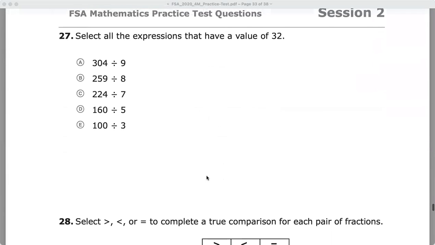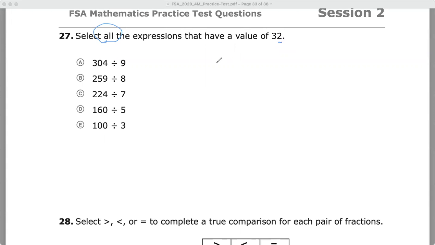Okay, select all the expressions that have a value of 32. Again, all means there's going to be more than one correct answer. And 32 ends in a 2.